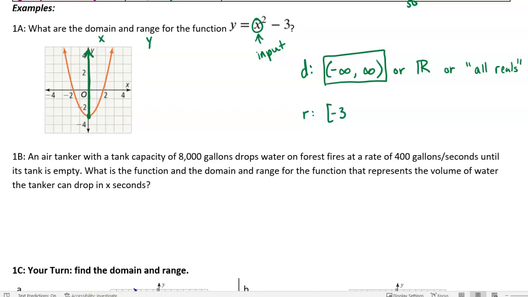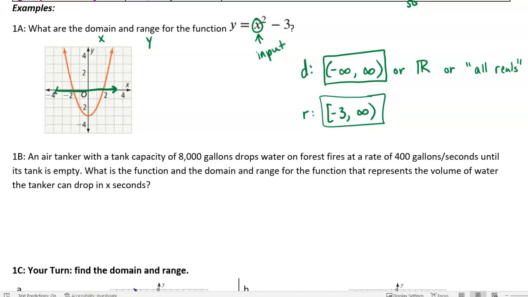We could use that same thought if we wanted to look at a graph to figure out the domain. In that case, I would squish the graph onto the x-axis. I would get arrows going in both directions, so again it would be from negative infinity to infinity. So this is how we'd write it using interval notation.